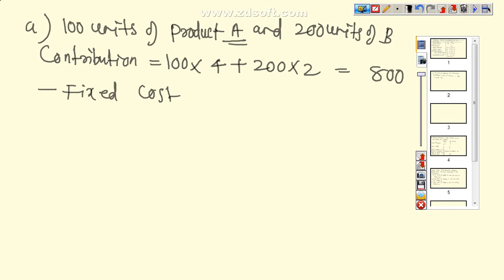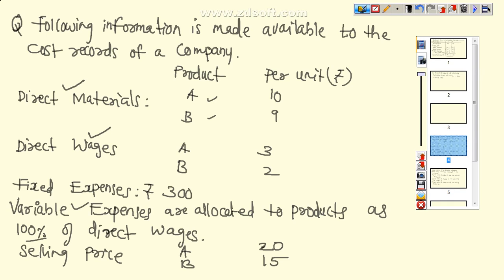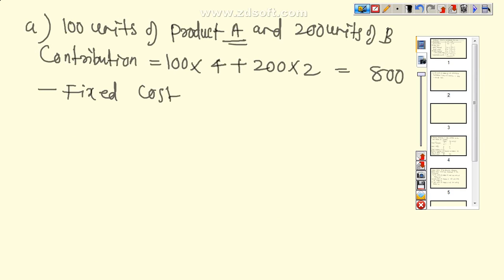Fixed cost is given in the question, fixed expense, both are the same. 300 is given, so we write it here 300. After that we calculate profit is equal to 500.